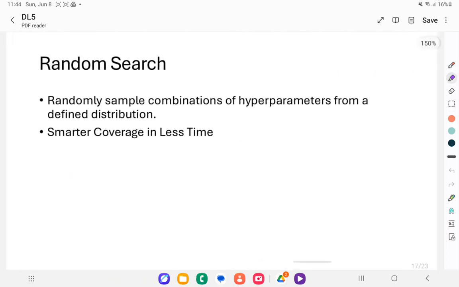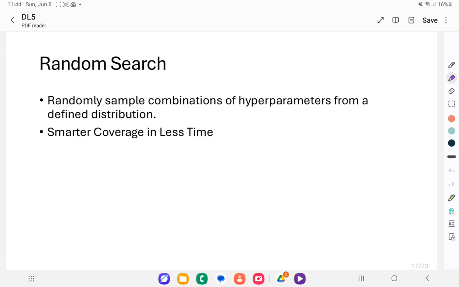Now, instead, as we said, random search is more flexible and offers a more effective method of hyperparameter tuning. Instead of exhaustively checking every point on the grid, you randomly sample combinations of hyperparameters from predefined ranges, and it's really powerful because in most tuning problems, only one or two hyperparameters actually significantly influence performance.